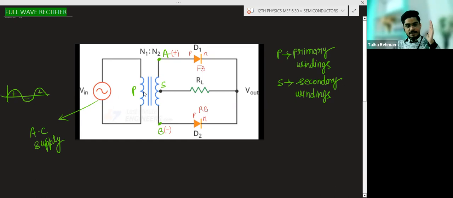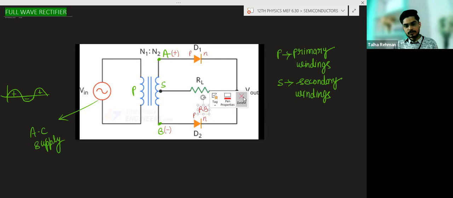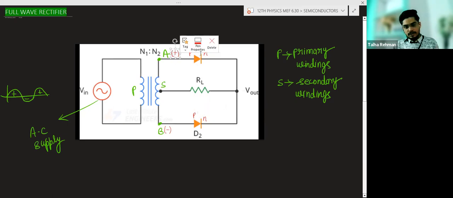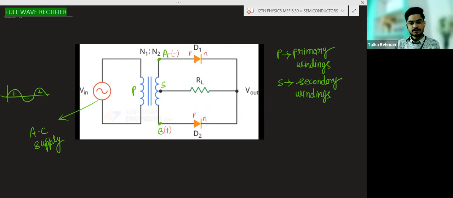Now during the negative half cycle, A becomes negative and B becomes positive. Negative is connected to the P side and positive is connected to the N side. So this diode is reverse biased and this one will be forward biased.